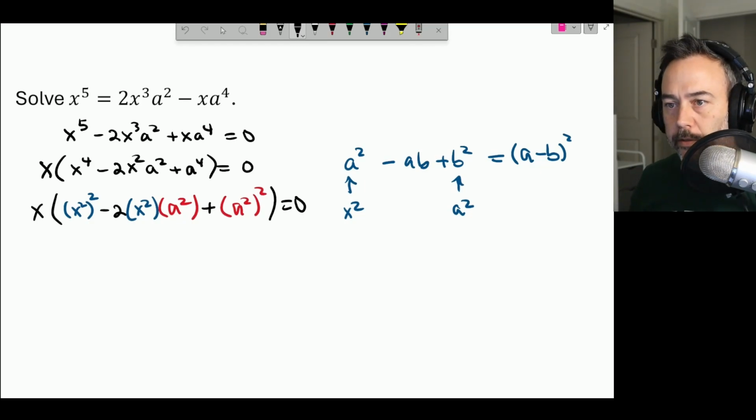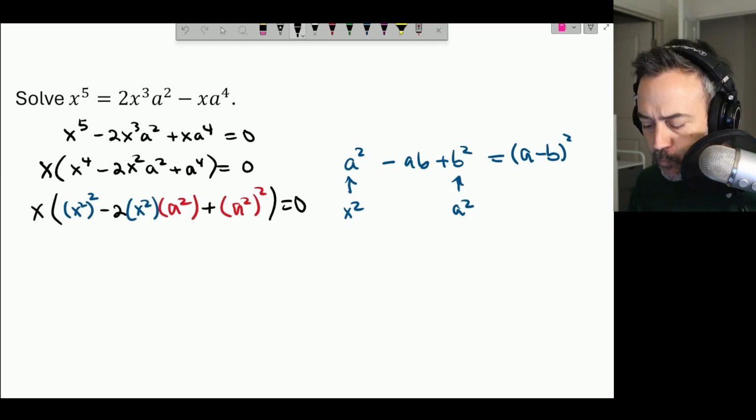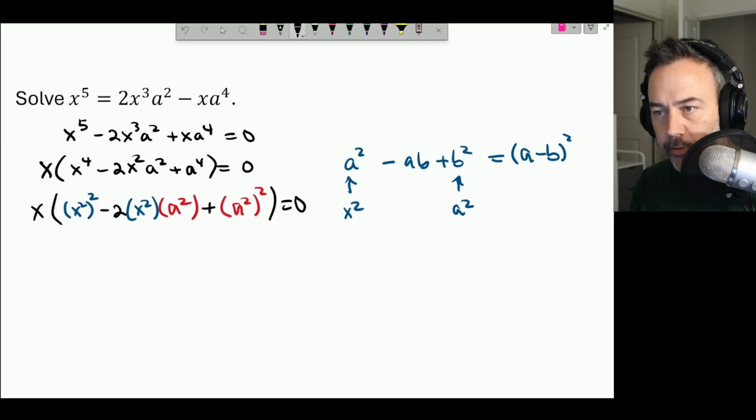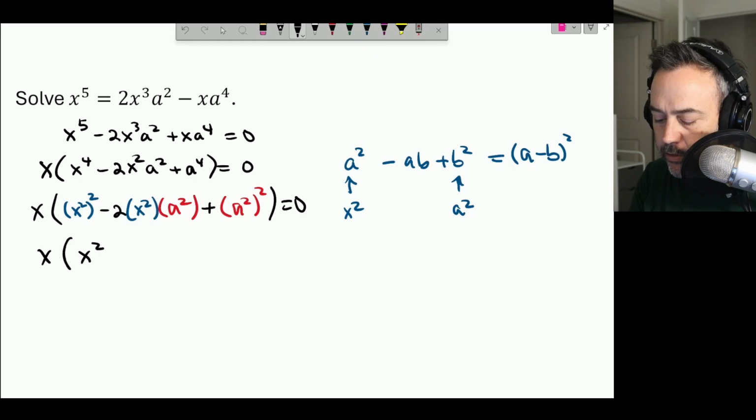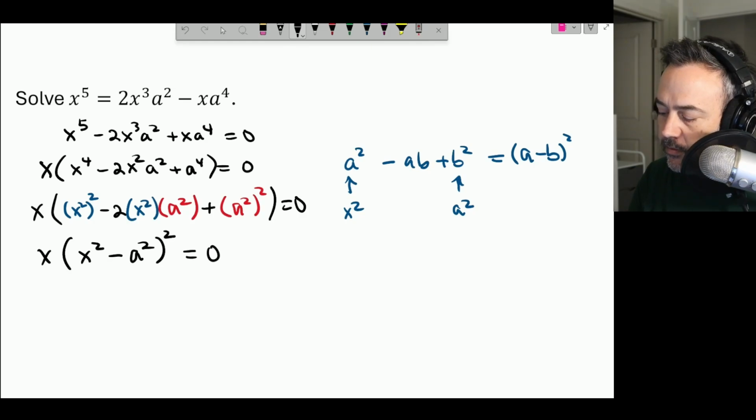Hopefully the color coding helps you see it. It's a little bit of extra writing to write this out, but it may actually help you go faster and make fewer mistakes if you take a moment to write something like this before you factor it. If you can do it at sight without this extra step, great. So this would be x squared minus a squared, squared, because it follows this pattern over here.